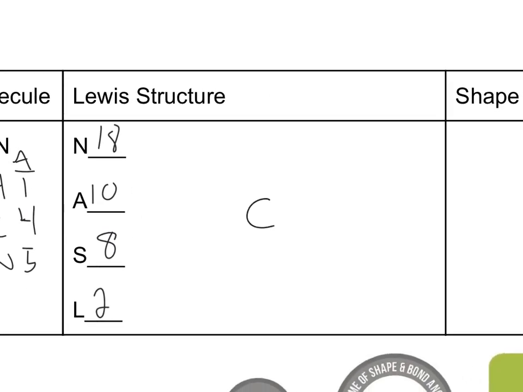We've got carbon, put it in the middle. We've got nitrogen, we've got hydrogen. If you drew this up and down instead of side to side, so be it. Share 8 electrons. Start by making 1 bond on either side. Okay. Now I've only shared 4. I have to share 8. You always want to make the molecule symmetrical. Like in carbon dioxide, we put 2 bonds on each side to get 8.